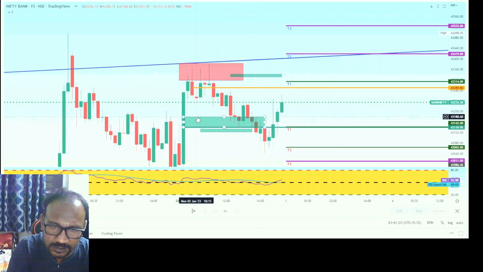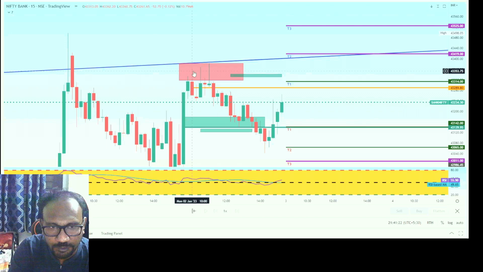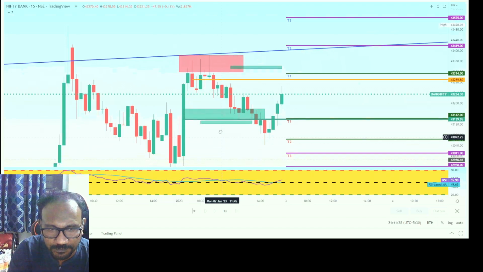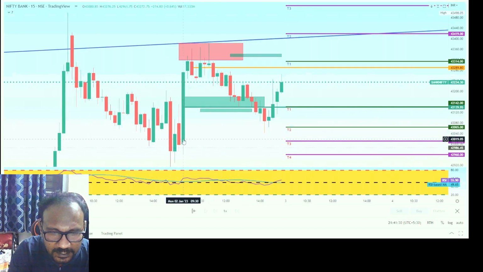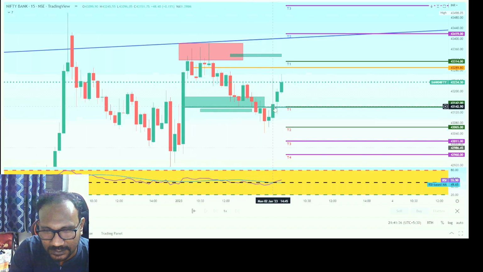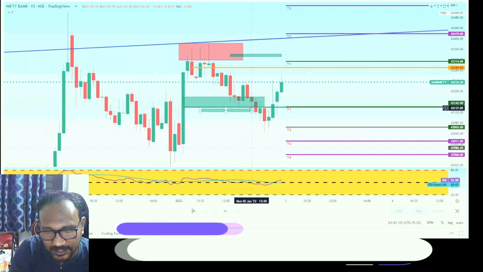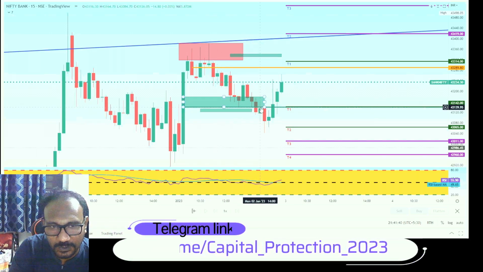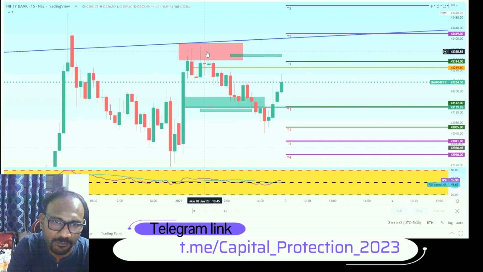And then I wanted to see if it is forming a similar pattern like this here. And at this level, I found a strong strength. And I also found there is a large green candle. The base, the middle of it is used as a support. And then I checked if it is going to act as a good support point.